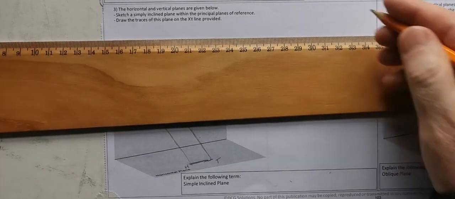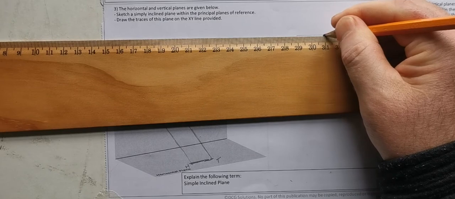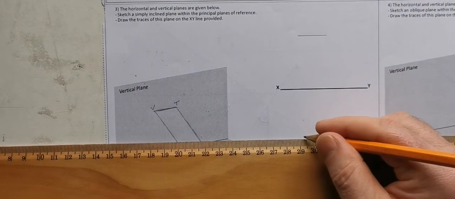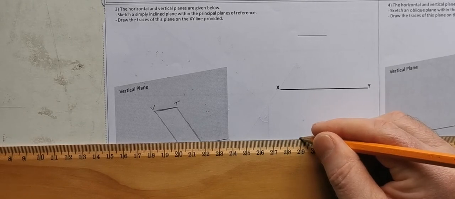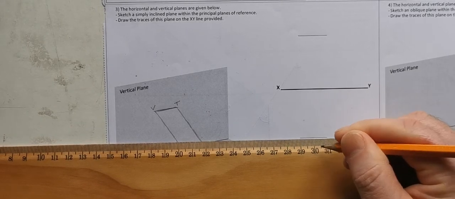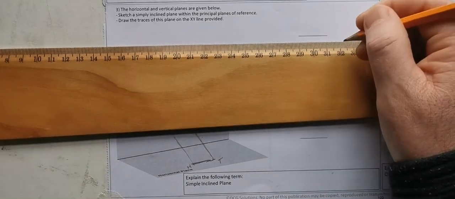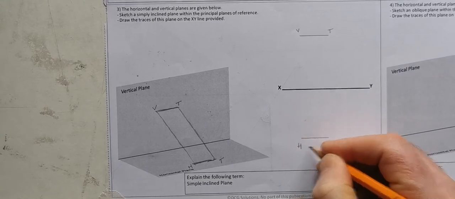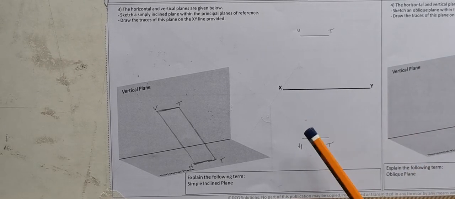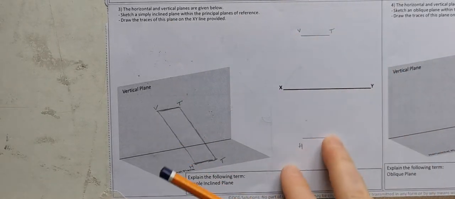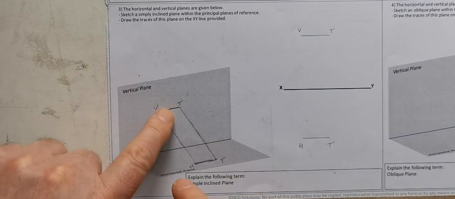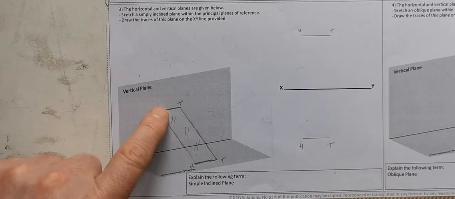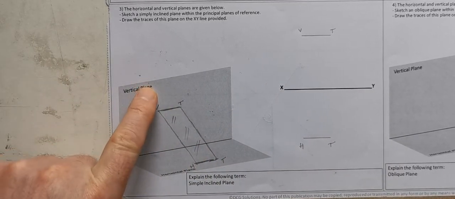So over here, there's my vertical trace, and somewhere down here I want to keep these in line, so I want 29, 31, 29, 31. So that's my vertical trace. Here's my horizontal trace. Now you would never try to join them, right? Because a trace is only where the plane cuts through the planes of reference.